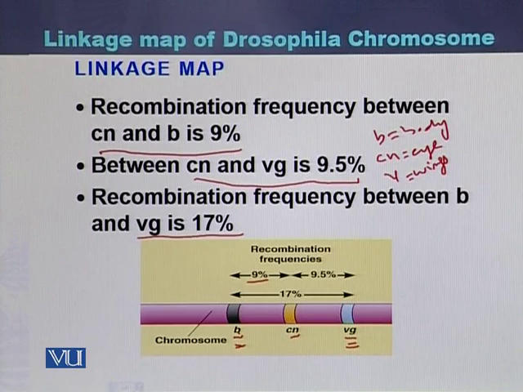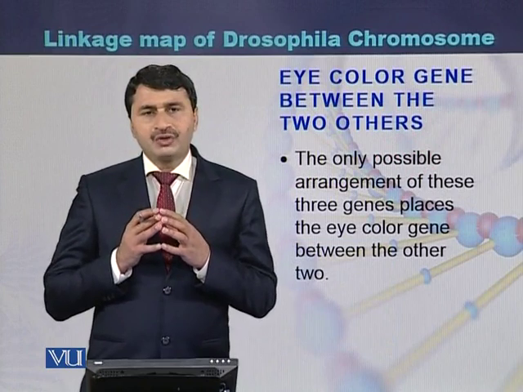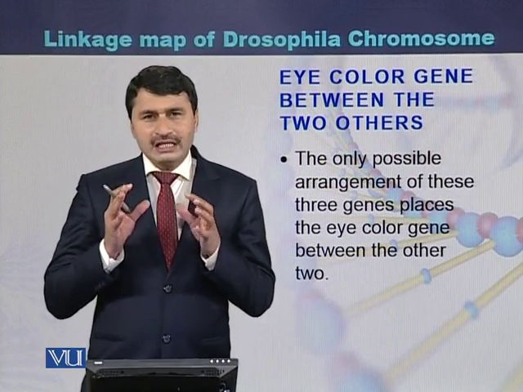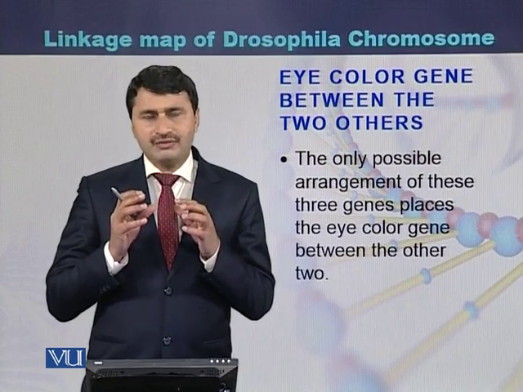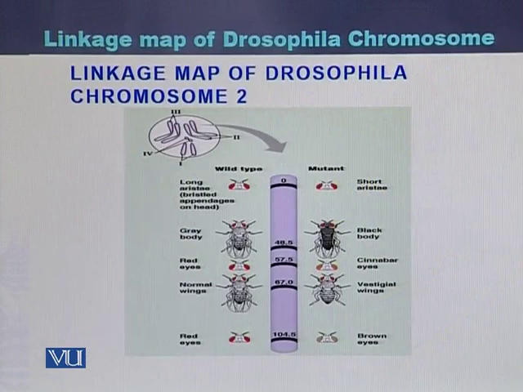It means the CN gene, which is for eye color, should be placed between the two other genes. Then a genetic map according to the recombination frequencies is possible. This is the linkage map of Drosophila chromosome 2.